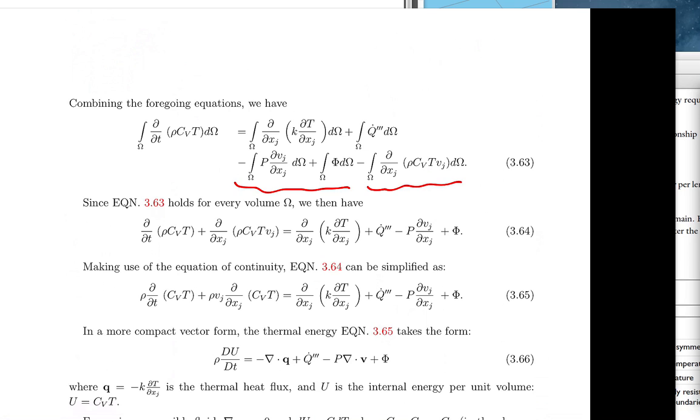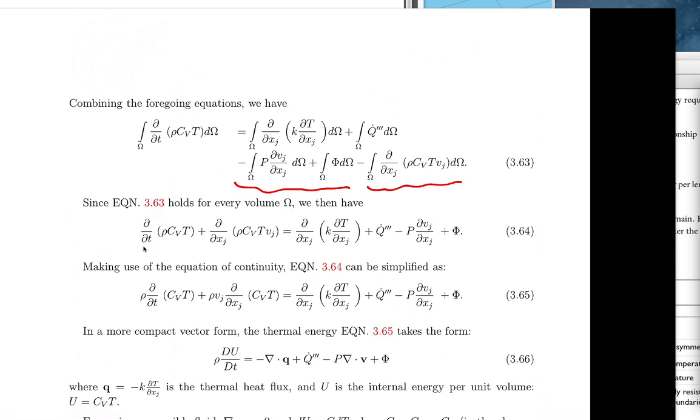So if we now look at equation 363 and localize it as usual, we get rid of the integrals because it holds for every volume element.